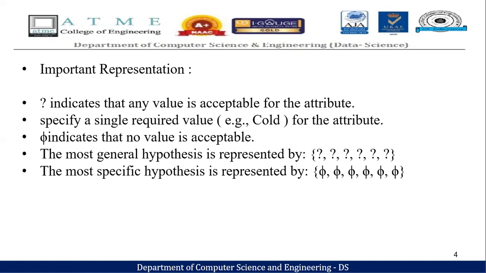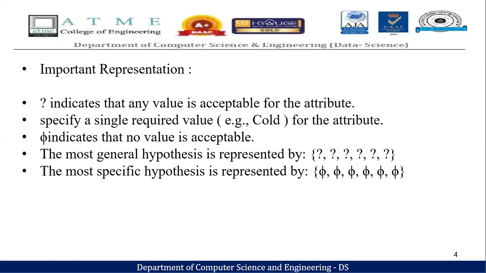One is the question mark. Here, the question mark indicates that any value is acceptable for the attribute. If you substitute the place of an attribute with a question mark, then it says yes, you can substitute it with any value.